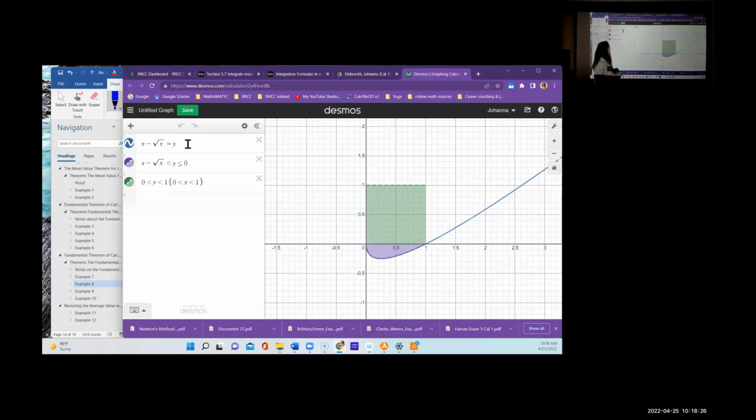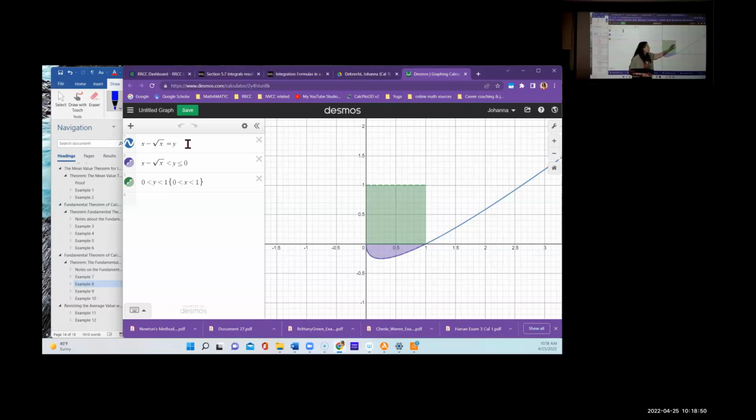We're finding the integral from 0 to 1 of that particular region. So we're trying to find the area from 0 to 1, which gives us this function value. So now we're finding the amount of area between the curve and the x-axis, which is here in this purple region.